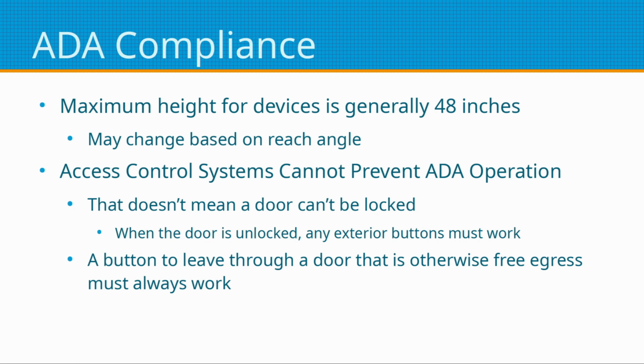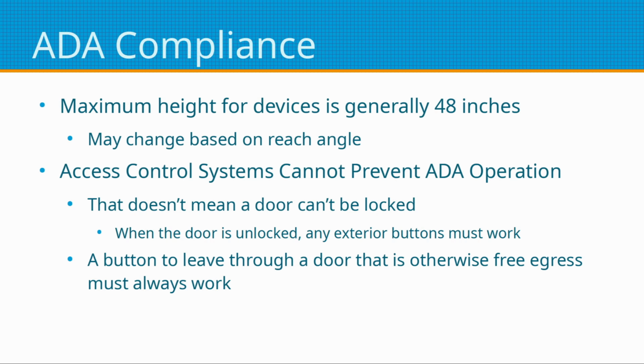Access control systems cannot prevent ADA operation. It doesn't mean that you can't lock a door. What it does mean is that if you have access control on a door that also has a handicap operator or an ADA or a motorized operator, the exterior button has to work when the door is unlocked. Now, you can disable that button while the door is locked, but once the door becomes unlocked, the exterior button has to work.